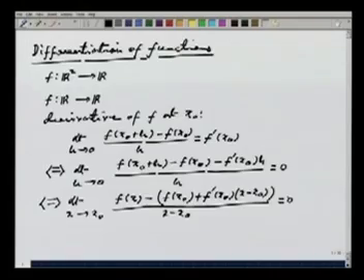This is another way of saying that f is differentiable at x0. Now we are going to generalize using this viewpoint on R2.